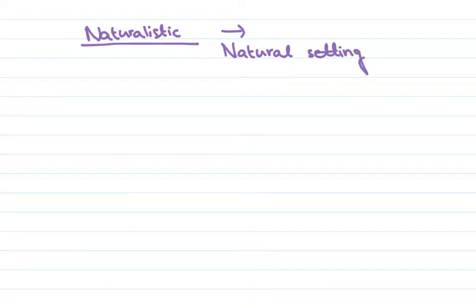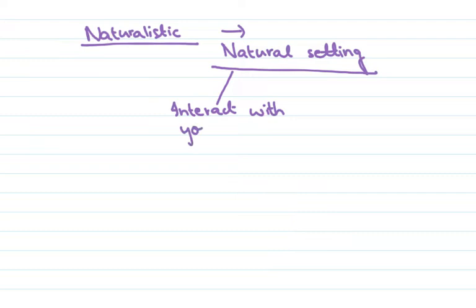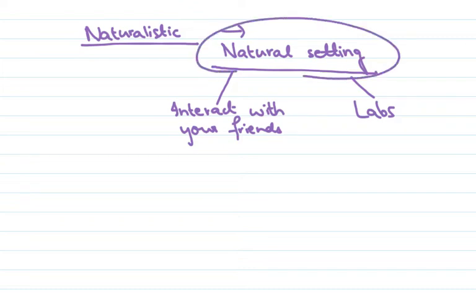Or if someone was observing you in, let's suppose, the FCC's ground or cafe, while you interact with your friends. Or, for example, in a lab while you study. So all of these settings would be natural settings, and you would have done all of this even if this observation was not taking place. So naturalistic observation occurs in naturalistic settings, right?